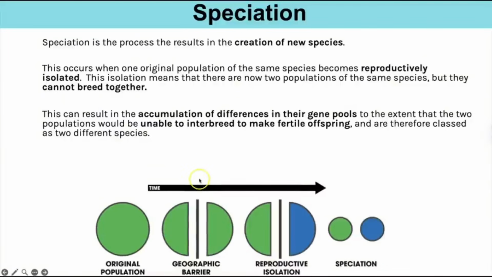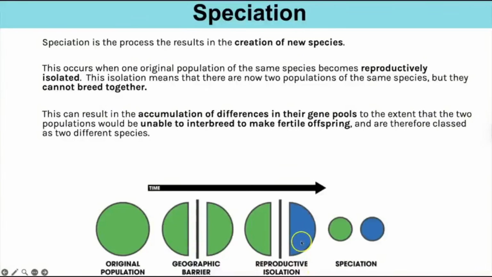Now, the reason that might happen is different, and we're going to come to that. But the outcome, if you've got these two separated populations that are no longer reproducing, both populations will have random mutations happening. But because they're no longer reproducing together, those mutations stay within this population.